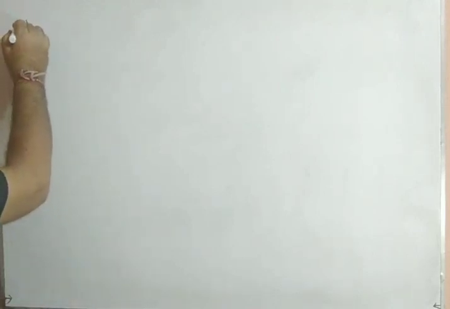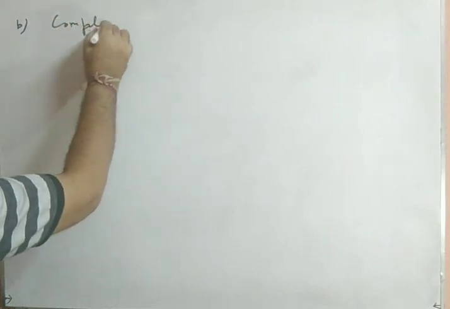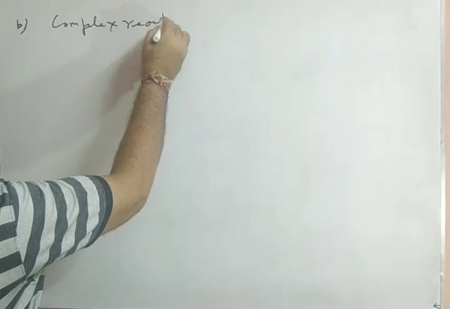Our second reaction is complex reactions. Those reactions which proceed more than one steps. If more than one steps are involved in the reactions, then slow step determine the rate law. So the second one, our reaction become complex reactions.